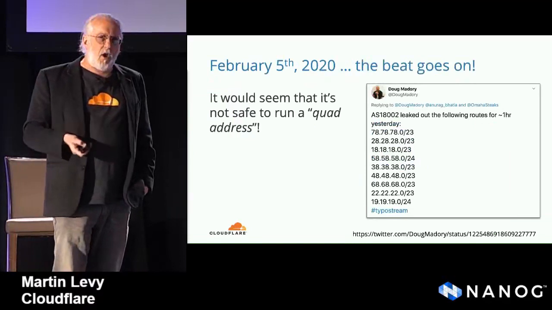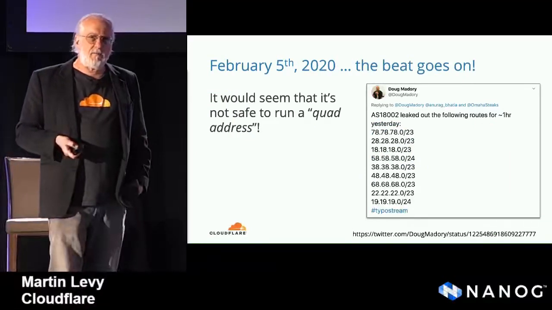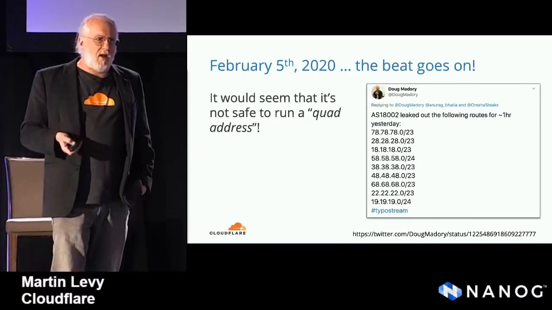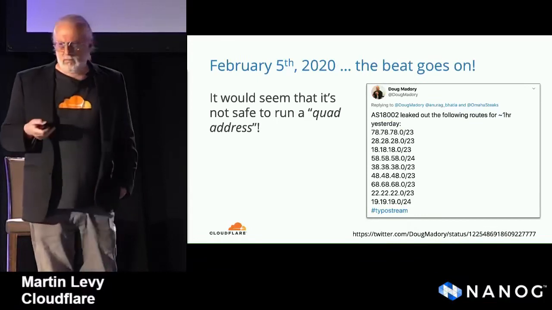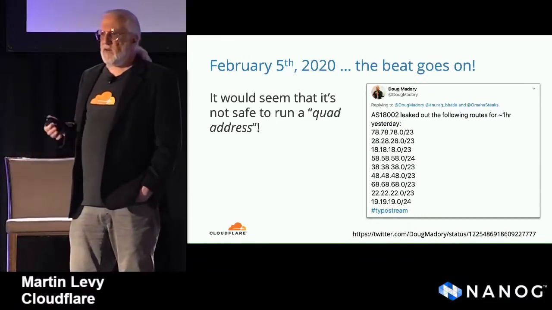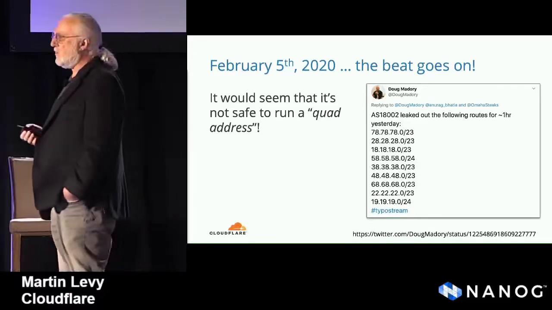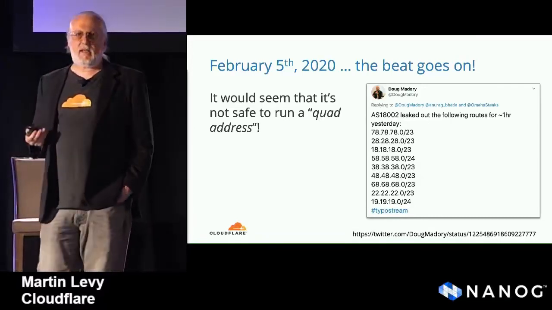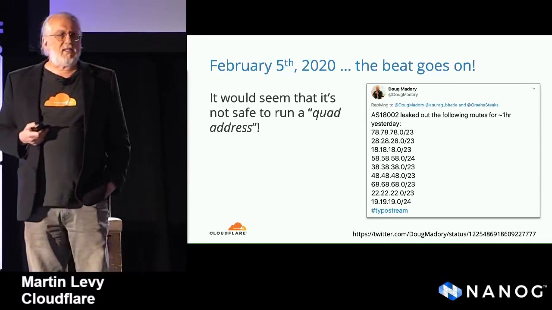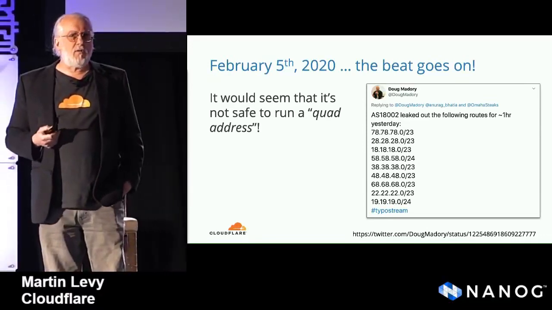Because only a week ago, this occurred. A route leak from a random ASN of a set of IP addresses that are random until you notice what the pattern is here. And you realize this isn't just a typo.